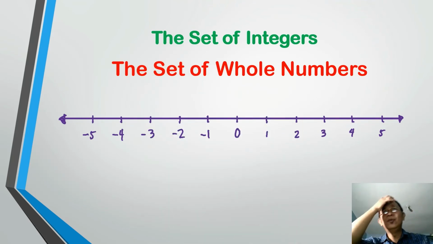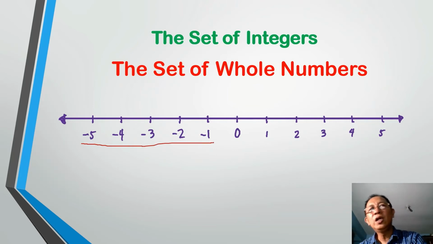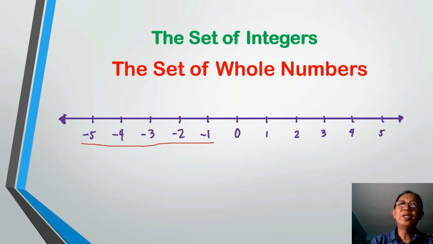the set of whole numbers. So ito yung the set of negative 1, negative 2, negative 3, negative 4, negative 5. Yan yung set of negative integers. Ito ang the set of whole numbers.